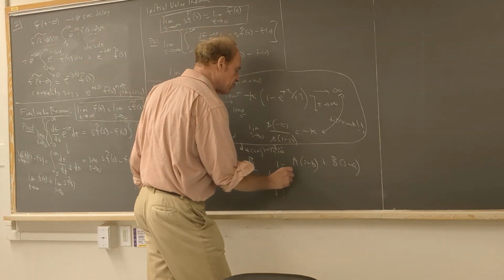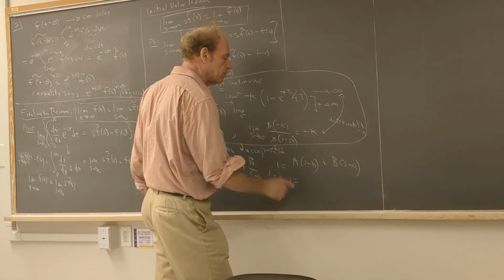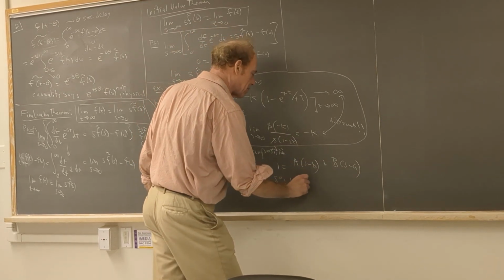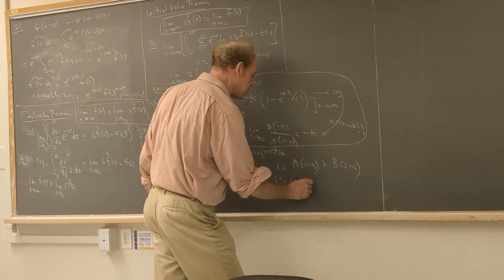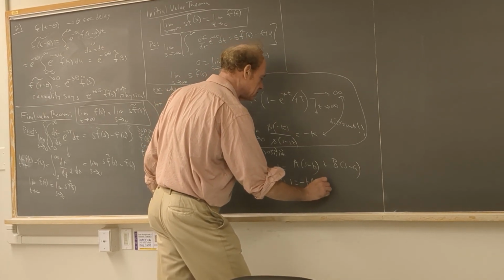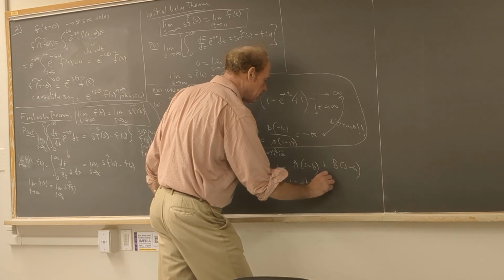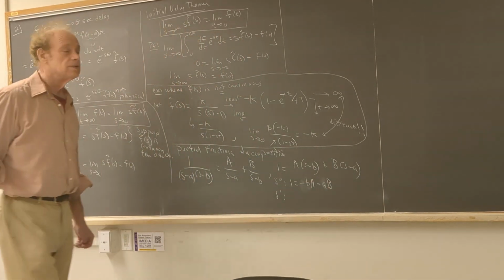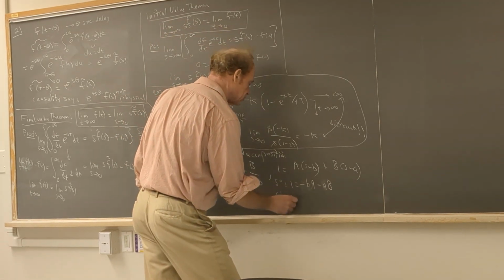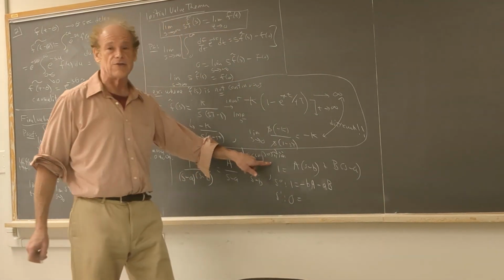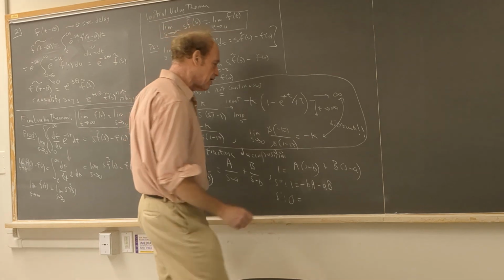So on the left, I have a 1 times s to the 0, and on the right, I've got minus Ab minus Ba. On the other hand, for s to the first, I have no s's on the left, but on the right, I have A plus B.